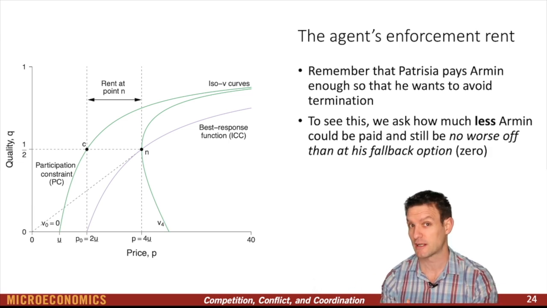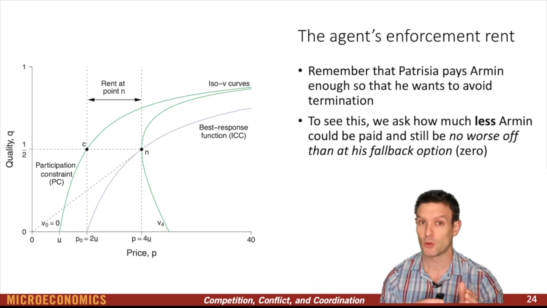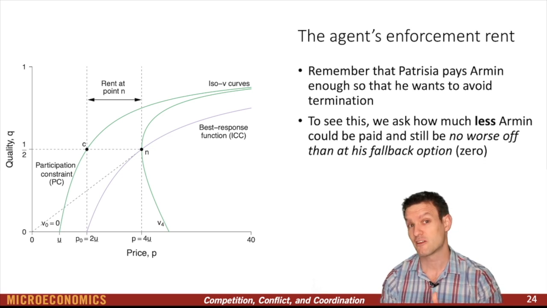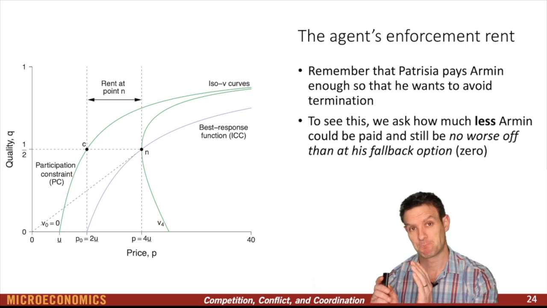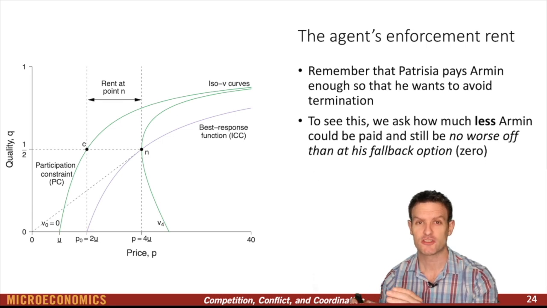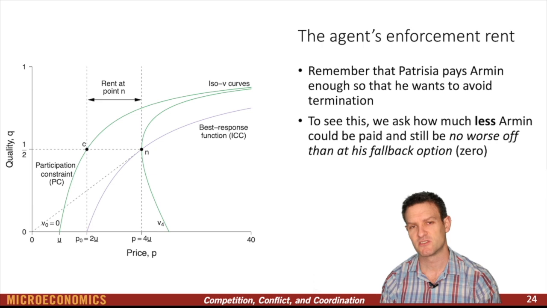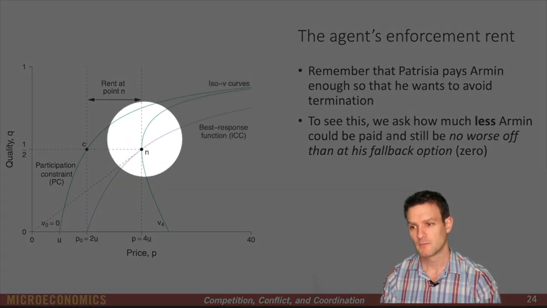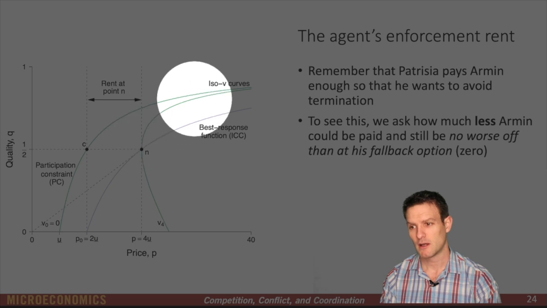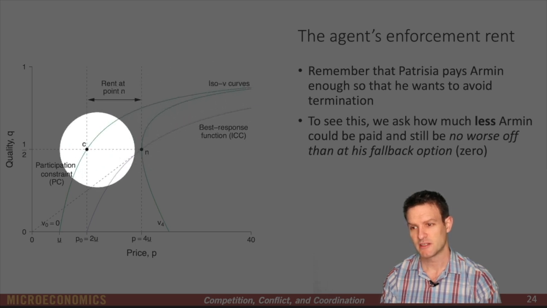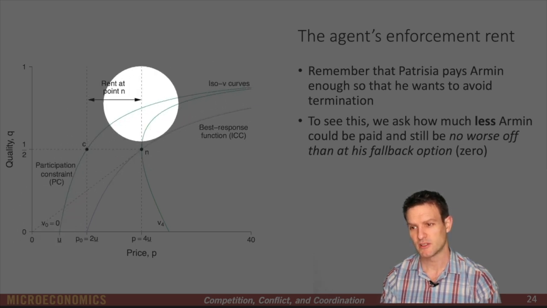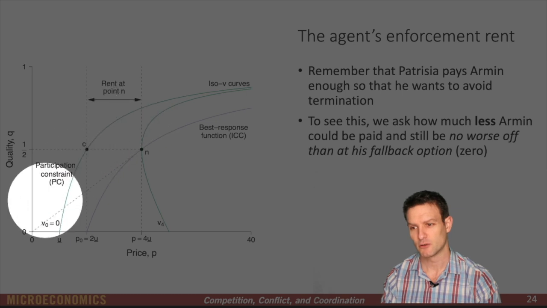So it's not actually occurring at the Nash, but it's a hypothetical alternative where instead of being at the utility he gets at the Nash, he's going to be getting utility equal to his fallback position. Remember that utility is 0. So to see that, we can see a comparison of the ISO value at the Nash versus the ISO value where his utility or his value is 0.